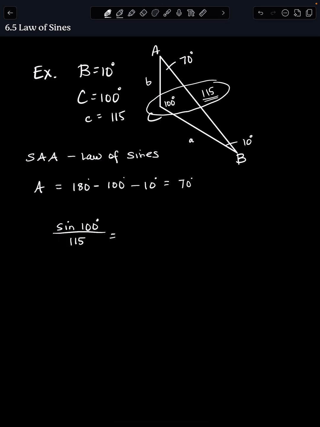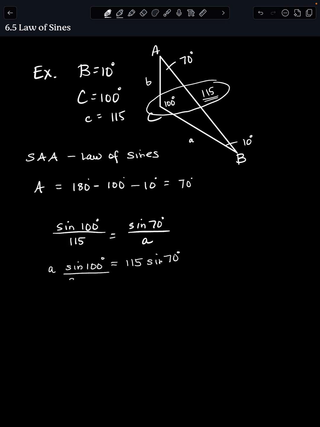It doesn't matter. You can find side B first, or you could find side A first. Doesn't matter. So let's just do A. So we know angle A is 70 over that unknown. When I cross multiply, I get A times the sine of 100 equals 115 times the sine of 70.